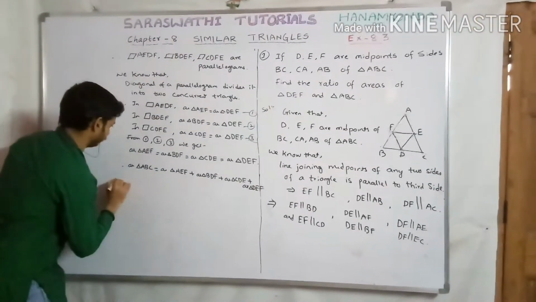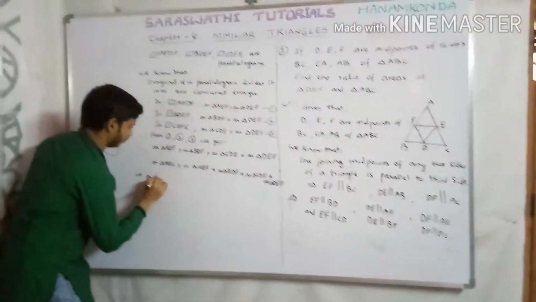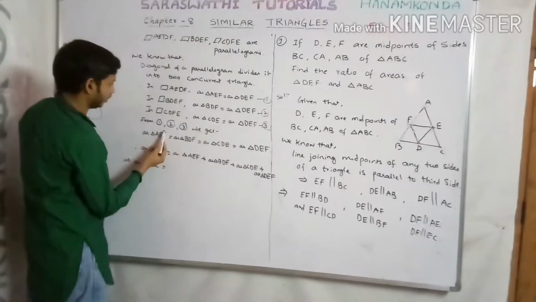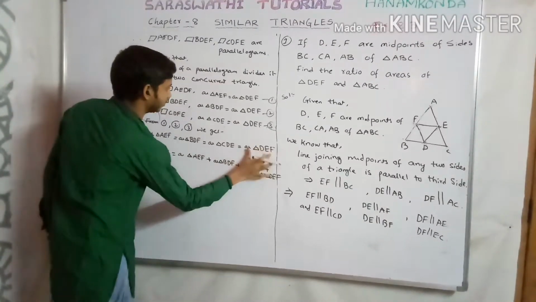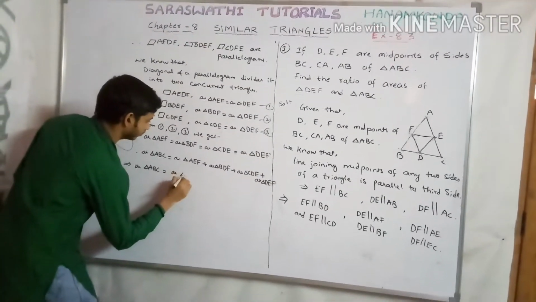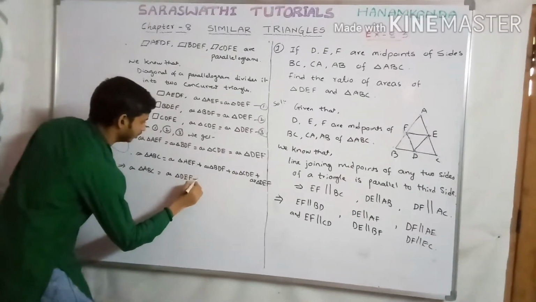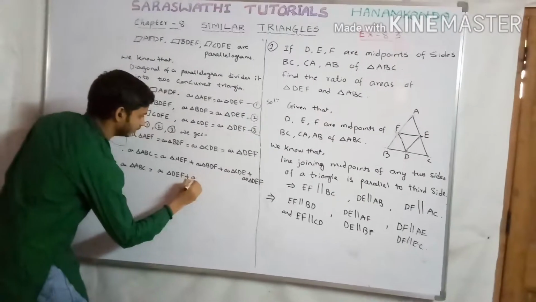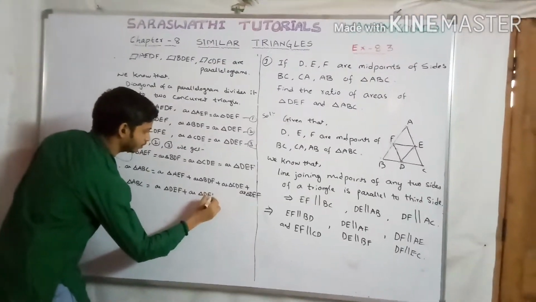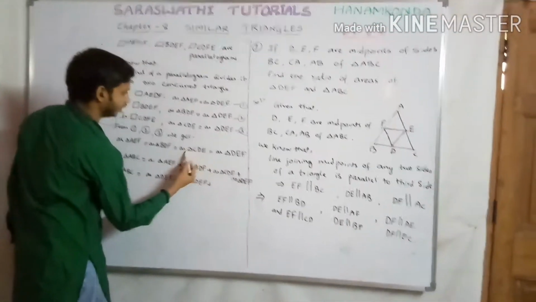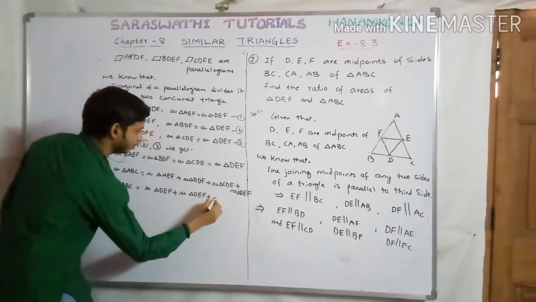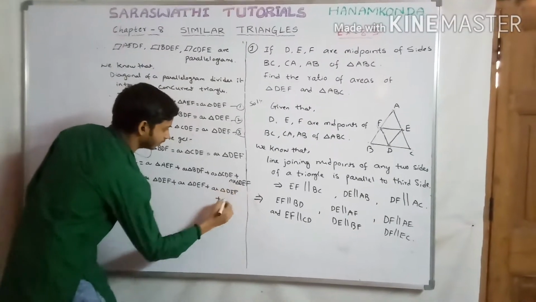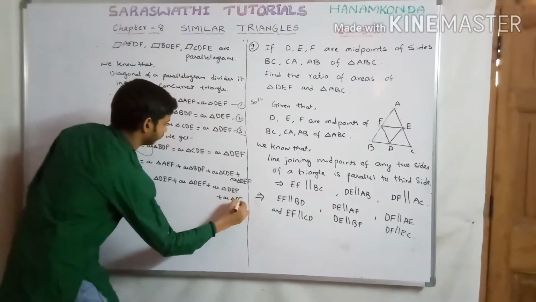Okay, so now it implies area of triangle ABC equals, area of triangle AEF can be written as area of triangle DEF. Similarly, area of triangle BDF can be written as area of triangle DEF, and area of triangle CDE can also be written as area of triangle DEF, plus again area of triangle DEF. That means we have obtained 4 times area of triangle DEF.